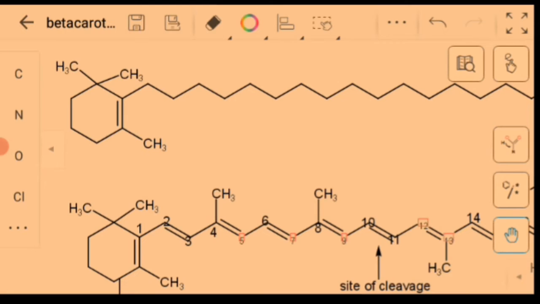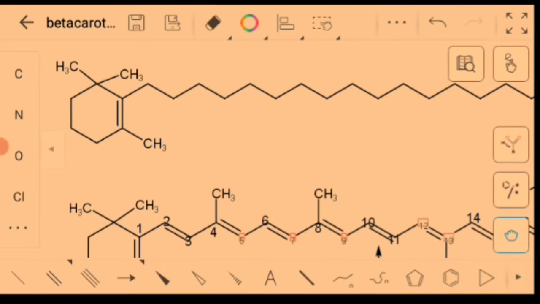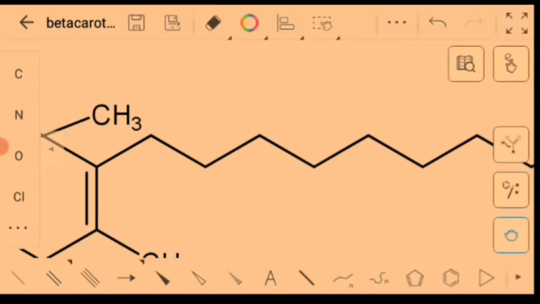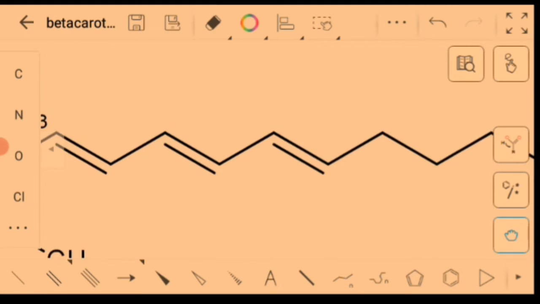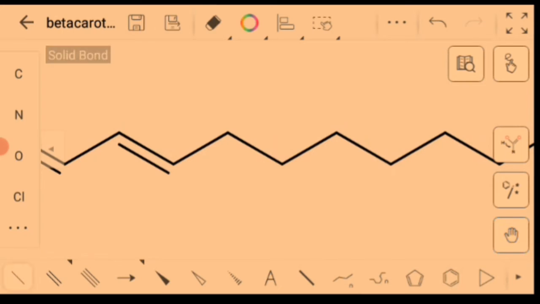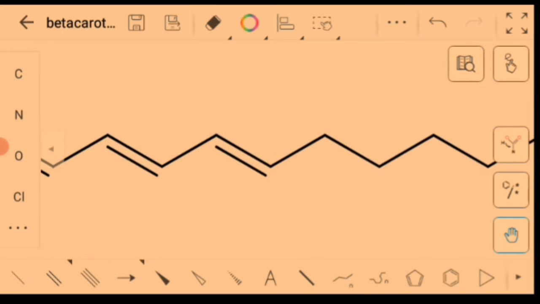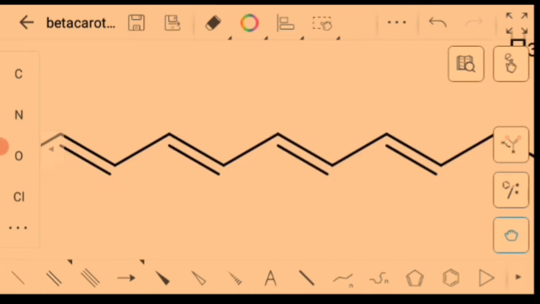I would like to input my double bond now. So that is what I'm doing. I'm putting my double bond. So when you see it, you will realize that this structure is actually easy to know by heart.